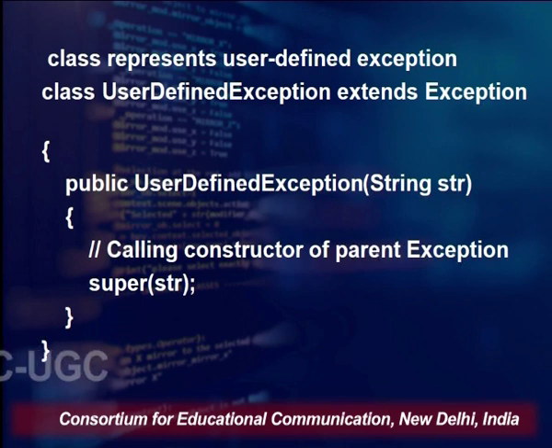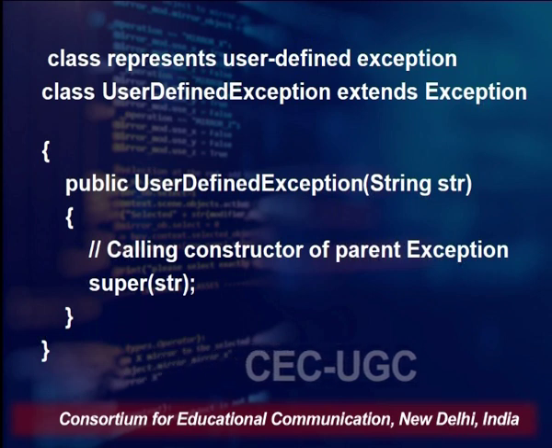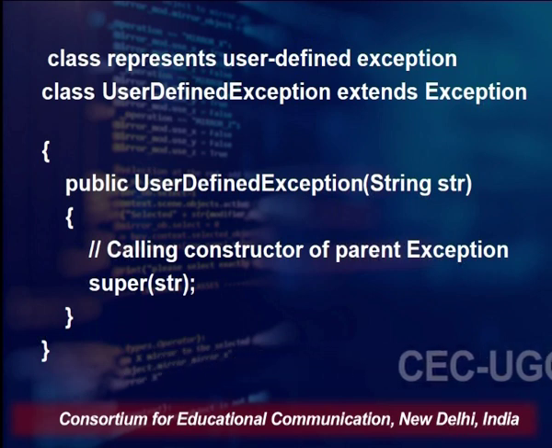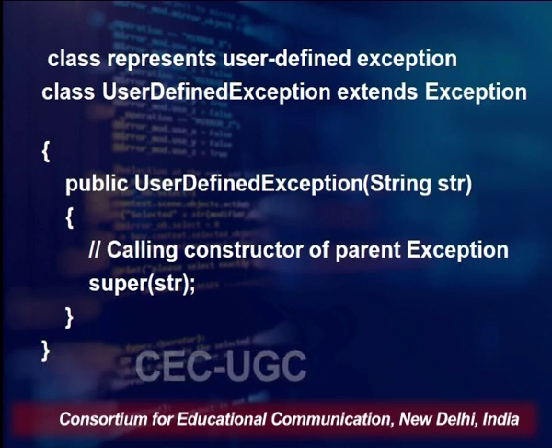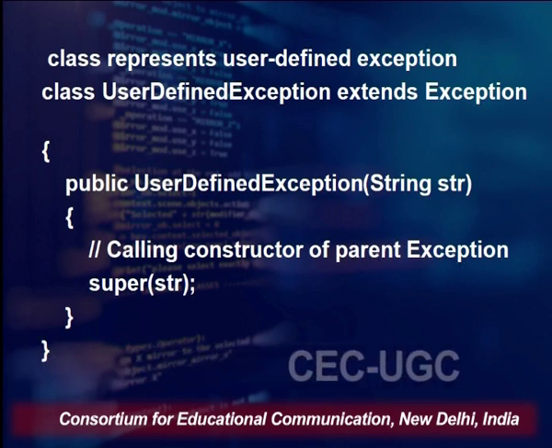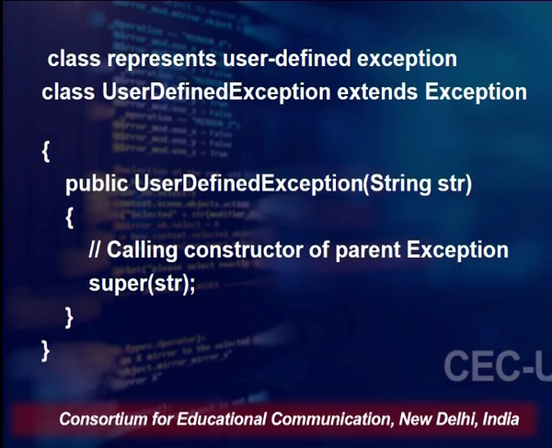So when we are using the keyword super, that means we are calling the constructor of the parent exception, and within the super we have passed that message str, which is the argument of this particular constructor.